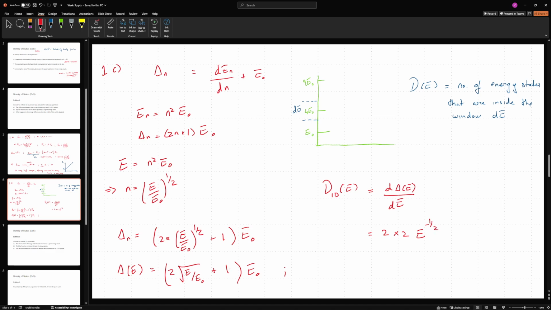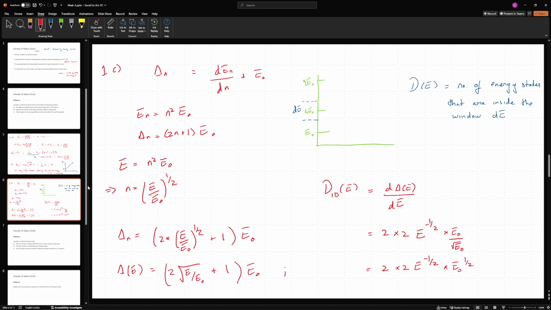The one does not depend on E when I'm taking the derivative. So this is divided by square root of E naught, so this is E naught to the power half. This will give me 2 into 2, E to the power minus half, into E naught to the power half.